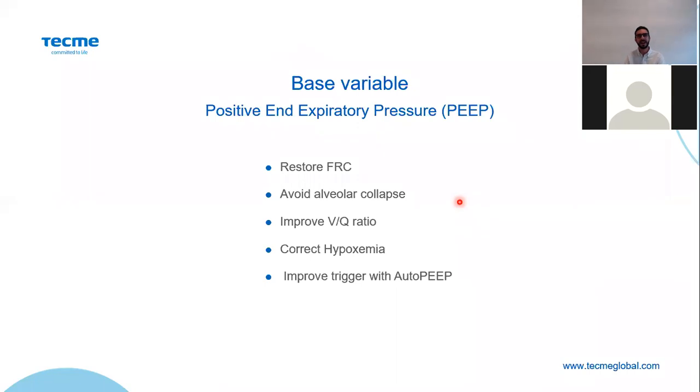Okay, the last variable is the baseline, and in this case is the positive end expiration pressure. This is the pressure which remains during the expiration, and the main idea is to avoid alveolar collapse. So this is an important pressure in order to keep all the alveoli open during the expiratory phase.